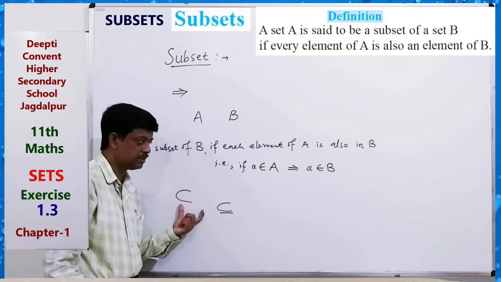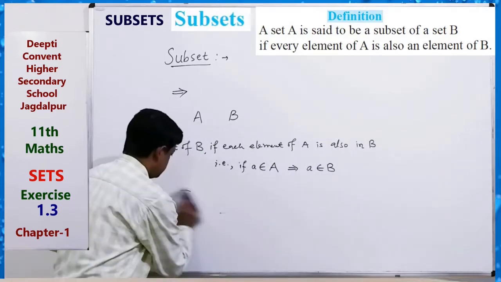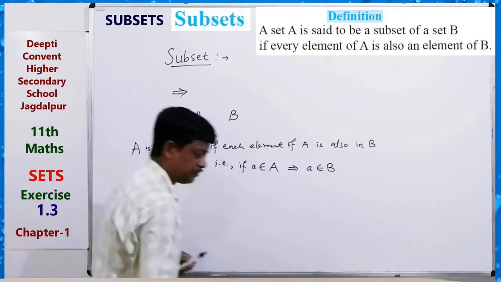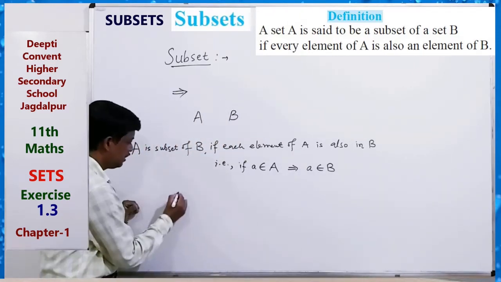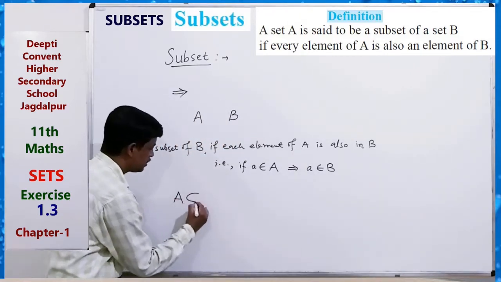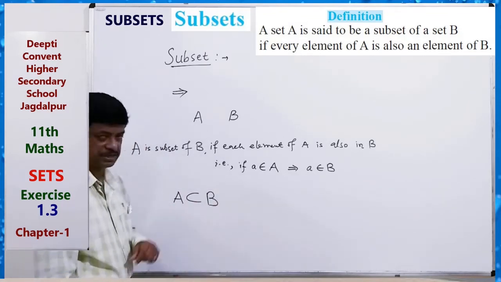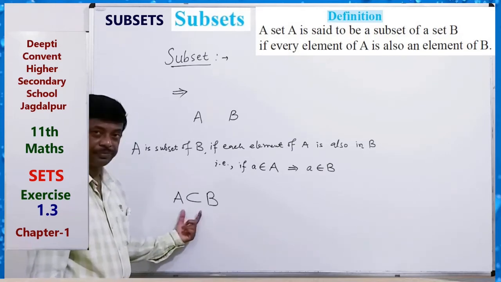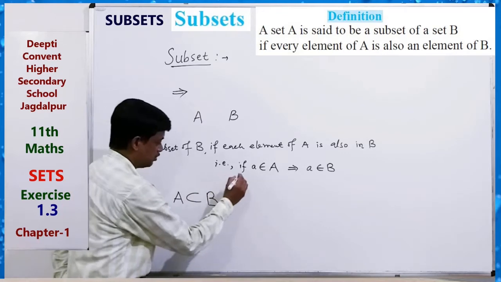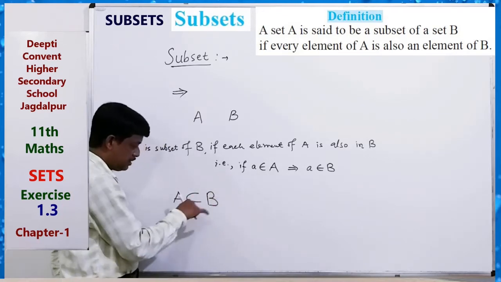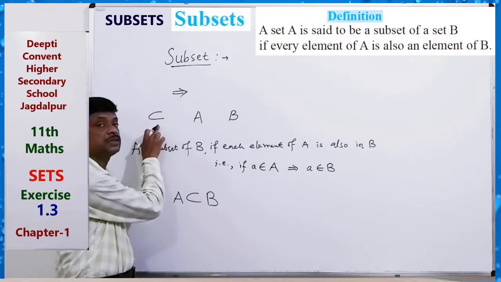What is a proper subset? Just now, suppose we are using for subset, A is a subset of B. That means A subset B. This symbol is used for subset.